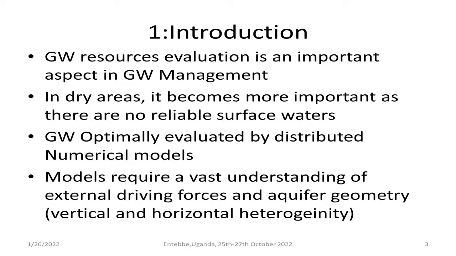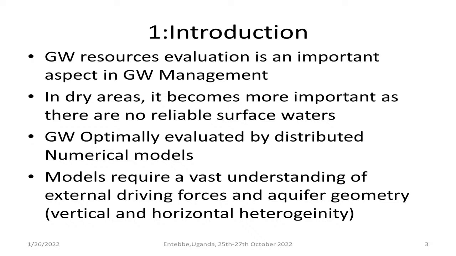Now, when we were trying to write the story on this, we found out, despite the fact that this country depends much on groundwater, a lot had still not been known, especially on the heterogeneity of the aquifers in the area.